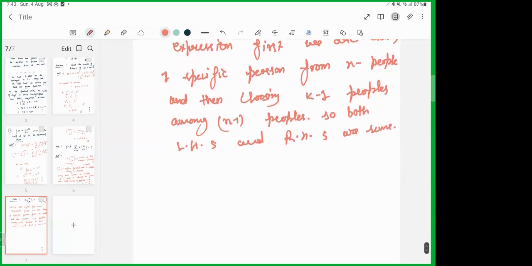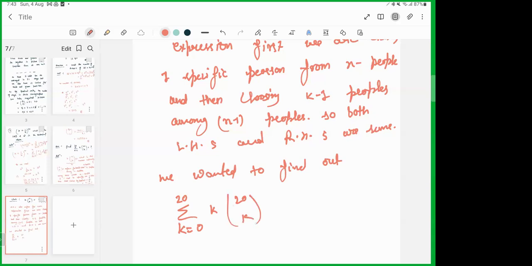Right. So what do we have to find out? We need to find this expression: summation running from 0 to 20 of K into 20 choose K. Now how can you write it?